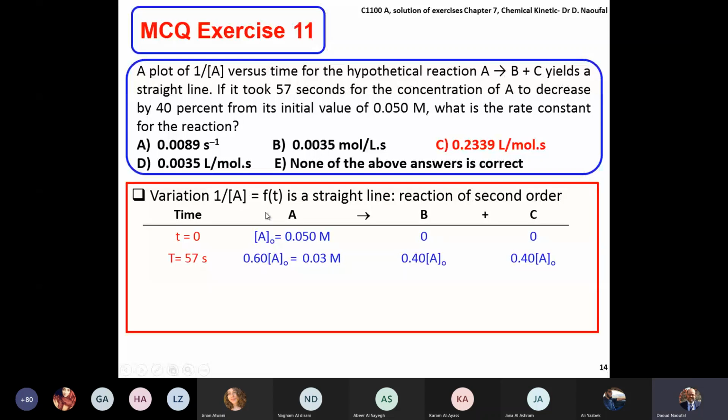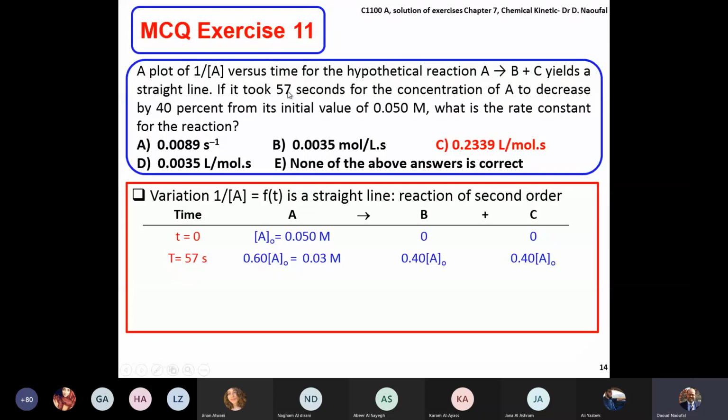We construct the table of conversion, or the table of advancement, since we have several concentrations at different times. So at time t equals 0, the initial concentration of A equals 0.05 molar, that of B 0, C 0. At time t, the time given in the exercise is 57 seconds.